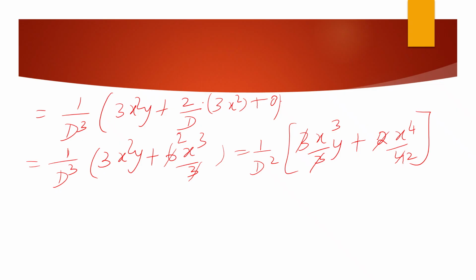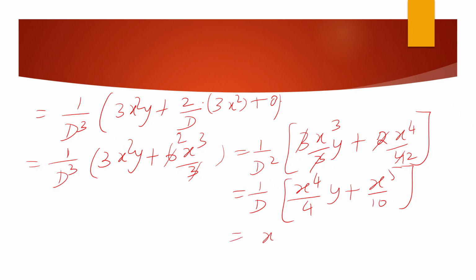Again we integrate with respect to x, so this comes as 6 x power 4 by 4 into y, plus here x power 5 by 10. Again integrating with respect to x, this comes as x power 5 y by 20, and this comes as x power 6 by 60.